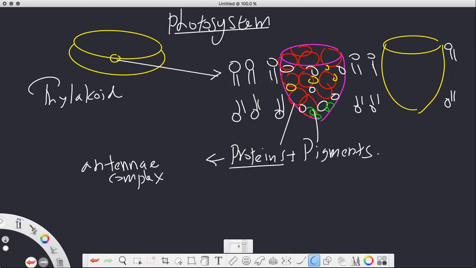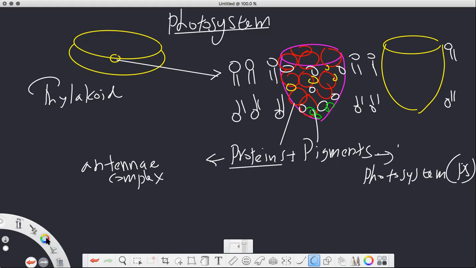That is an aggregation of proteins. Now, the aggregation of proteins and pigments makes this photosystem. So we abbreviate it with PS, photosystems.